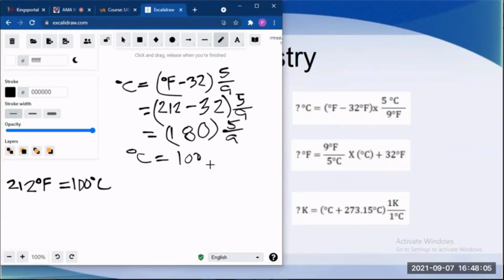So we have just confirmed that 212 degrees Fahrenheit is actually equal to 100 degrees Celsius.